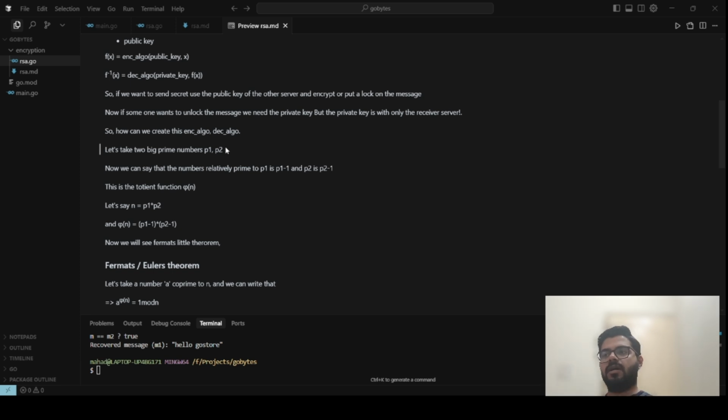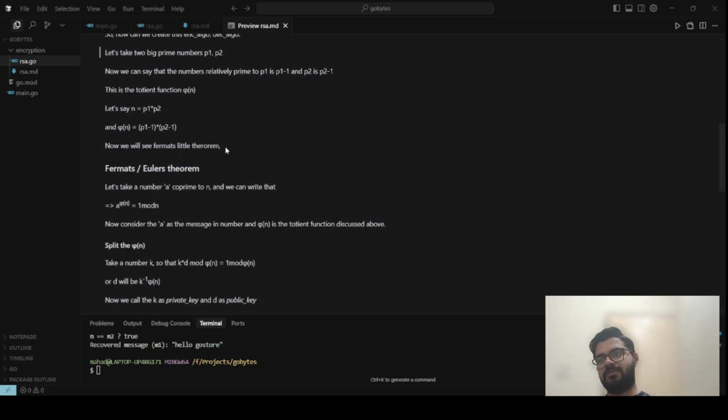So relatively prime numbers, how many relatively prime numbers there are, that is what we call the totient function. So let's say p1 and p2, then the function is phi of n, which is p1 minus 1 times p2 minus 1, and we expose n to the public. Then from n they have to find p1 and p2 to derive the totient function.